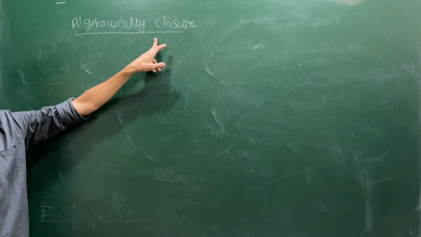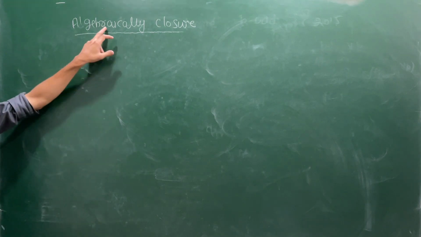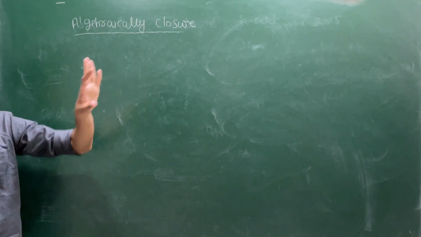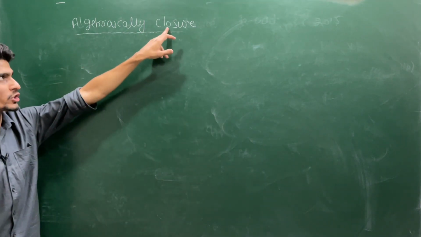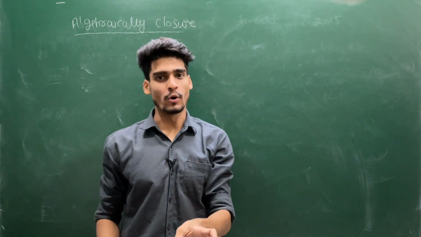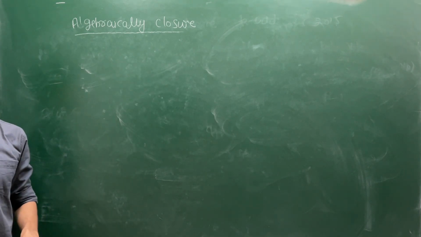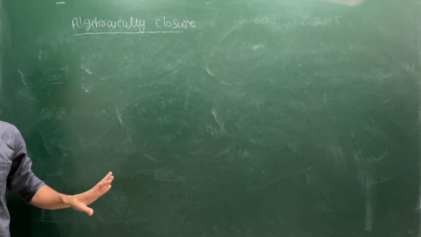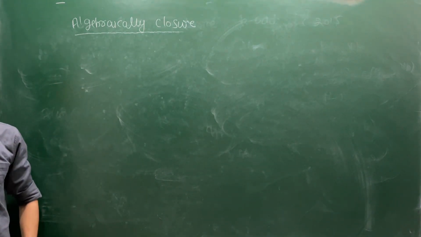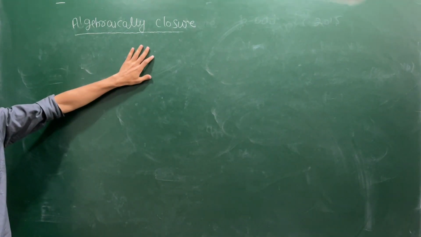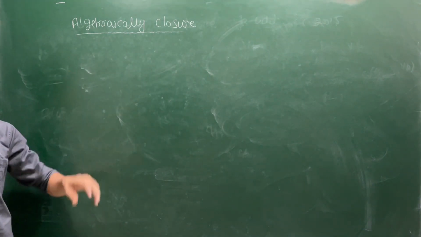Let us observe the meaning of this algebraic closure. See, algebraic forces that the extension should be algebraic, and the closure property means you take any polynomial, that polynomial should have all the roots in that extension, and this is true for every polynomial. Then we say that the extension is an algebraic closure.